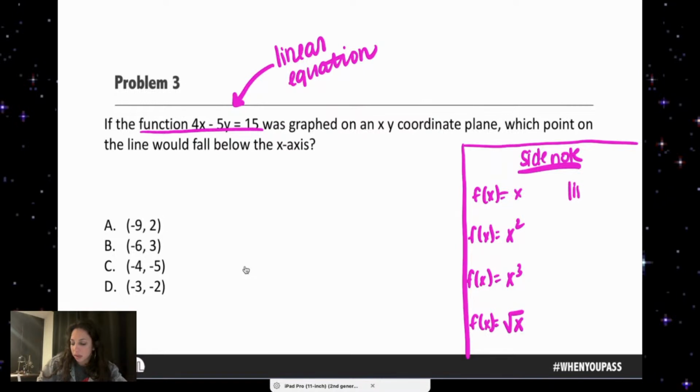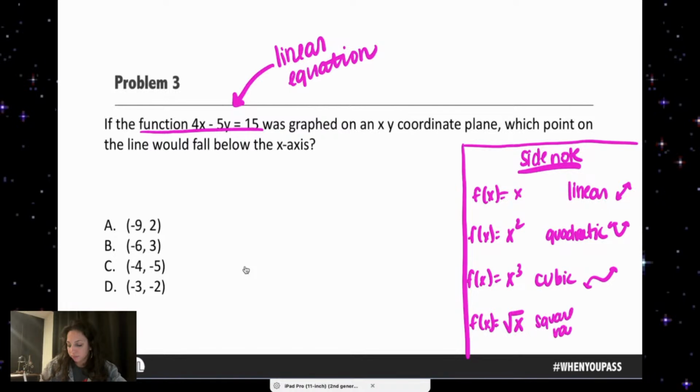This is going to be linear. This is going to be quadratic. This is going to be cubic. This is going to be the square root function. And I could list for days.